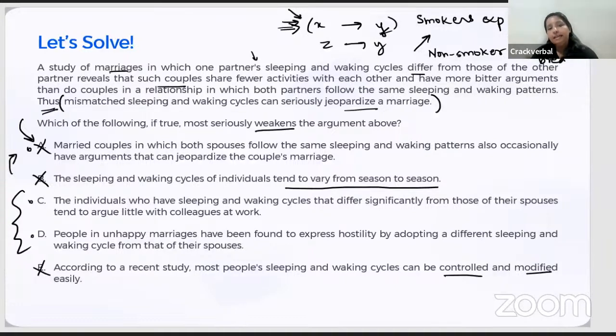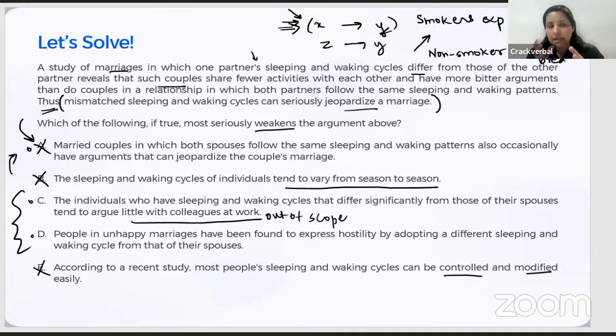C says that individuals who have sleeping and waking cycles that differ significantly from those of their spouses, meaning the two partners have different waking and sleeping cycles, tend to argue a little with colleagues at work. I can see why this is really tempting, but the first thought is, what's the connection? But that's also dangerous, because a lot of people tend to eliminate this saying the colleagues at work is out of scope.